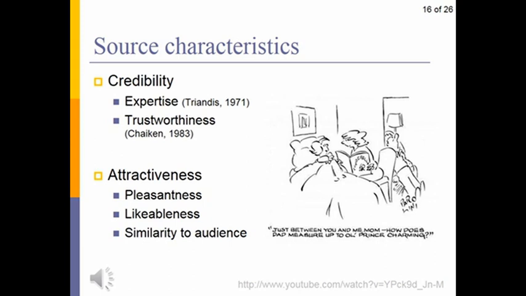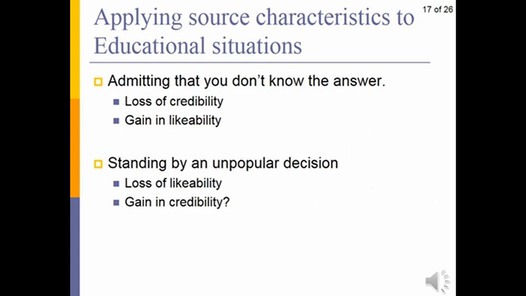The source isn't the only thing that affects the message, but I want to just look very briefly at how some of these things we now know about the source might be related to education. Now that we know that qualities like credibility and attractiveness affect how persuasive a source is, what does that tell us that we can actually use in education?